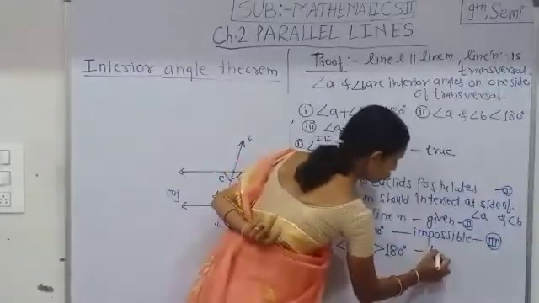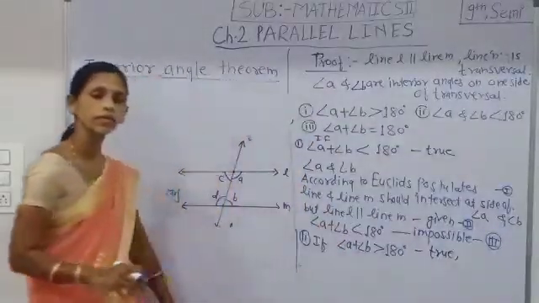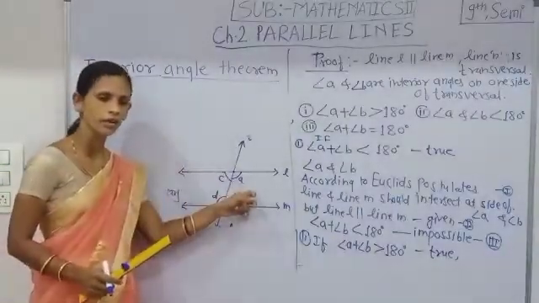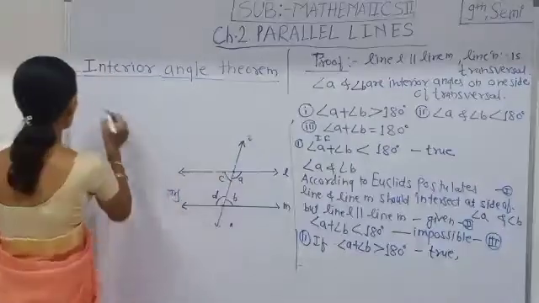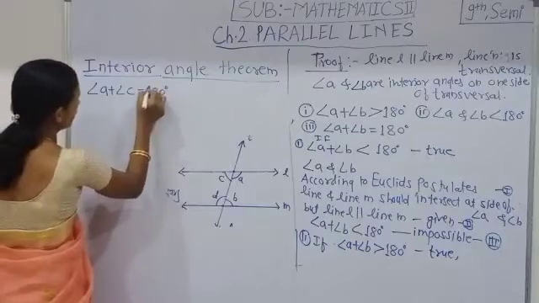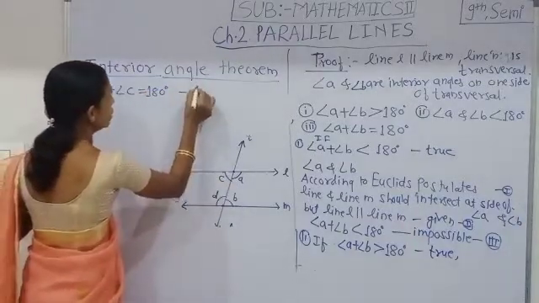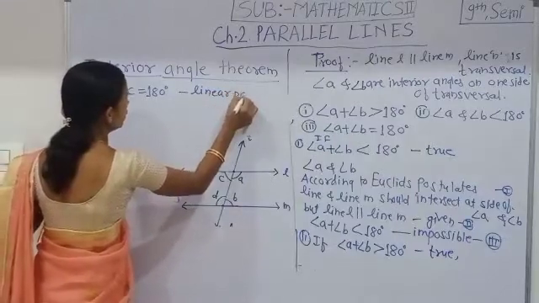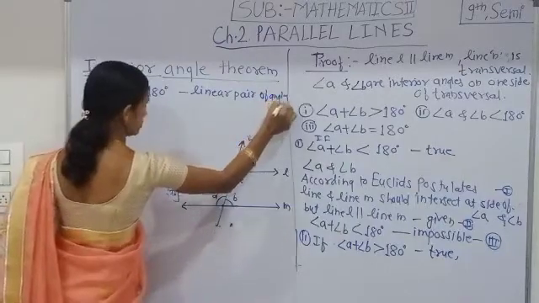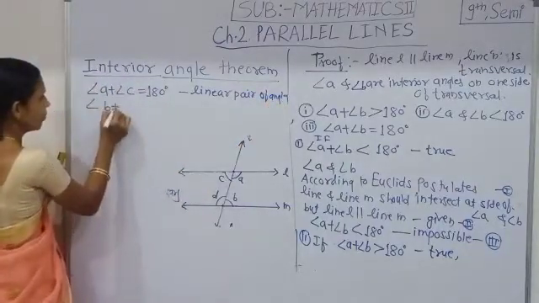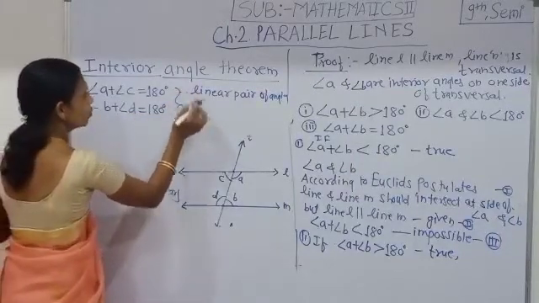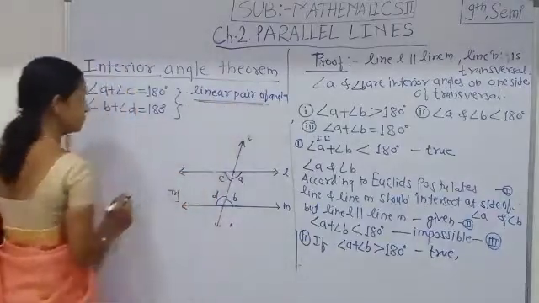If it is true, then see here, angle A plus angle C is equal to 180 degrees, because those are a linear pair of angles, as well as angle B plus angle D is equal to 180 degrees. It is also a linear pair of angles.